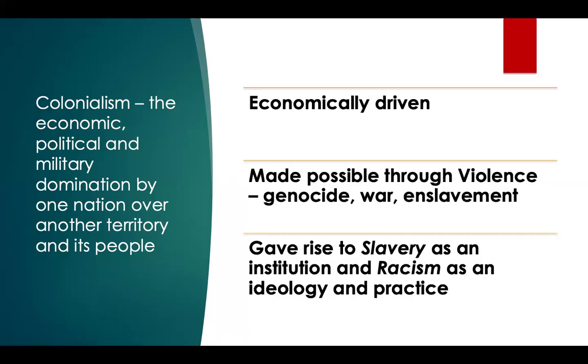Direct rule, like French colonies in Africa, colonizers imposed their government, laws, and institutions. We will talk about this in the different expansions of colonialism. And the indirect rule, where local elites were used to administer colonial policies.